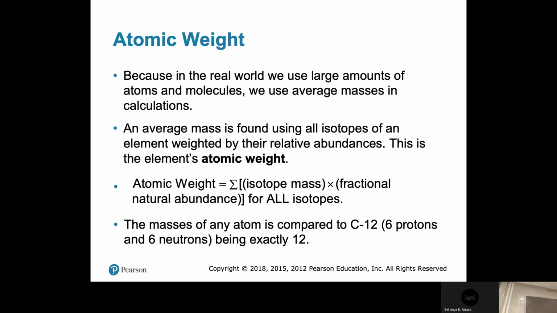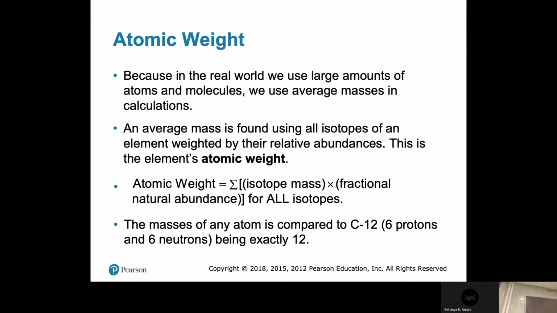Why is it 12.011? Because 99% of all carbon atoms are carbon-12. So that 99 fits on top of the 12 to move up to the next one, 13. Literally, it's an average of all of the carbon atoms.